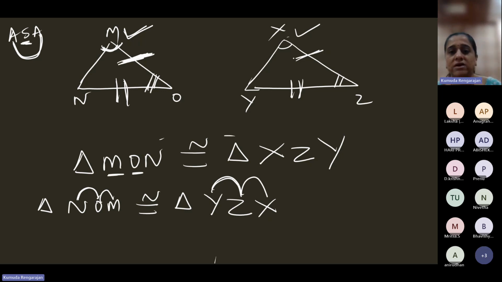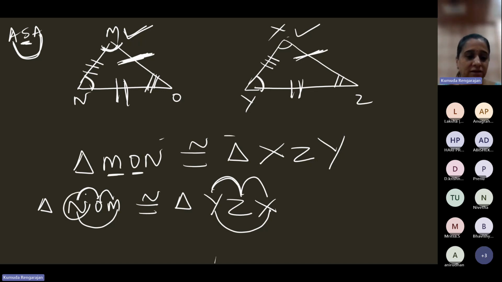Then NM is equal to YX, CPCT. Then angle N is equal to angle Y, CPCT.